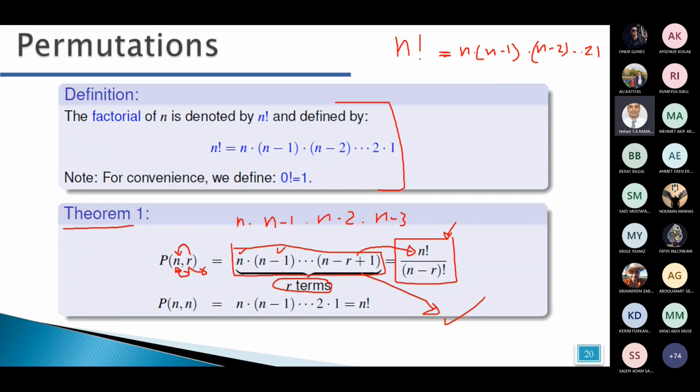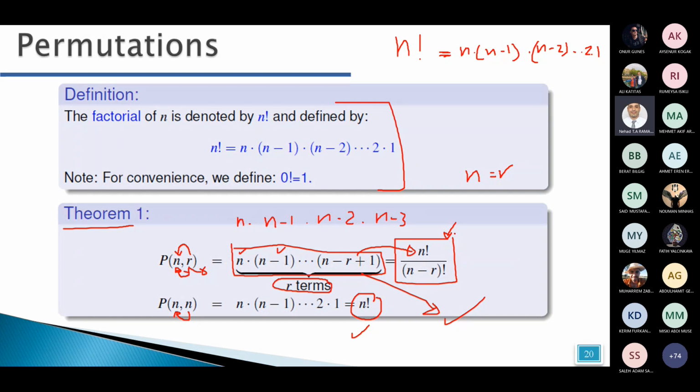What if n equals r? In this case, it's permutation n out of n. We need n ordered items out of n. In this case, the permutation is n factorial.